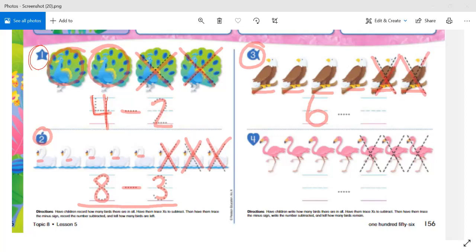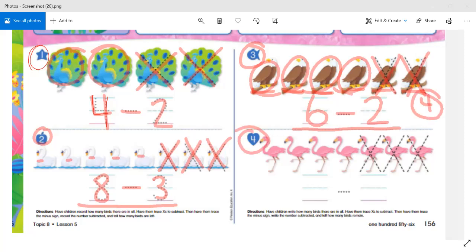So we trace the X's to show that 2 went away, and we are subtracting. So we use the minus sign. 6 minus 2 is, how many eagles are left? 1, 2, 3, 4. 4 are left.